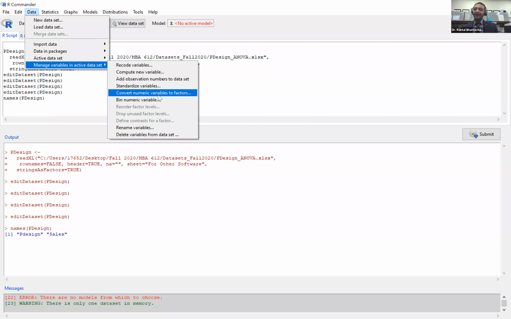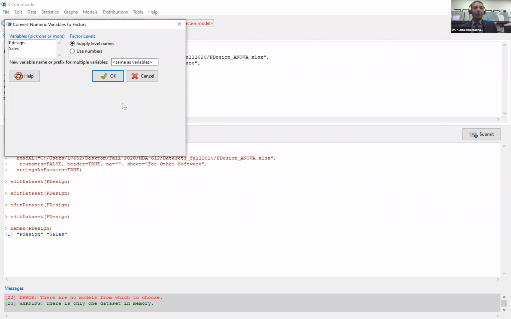The P design variable is 1, 2, 3, 4. And so that's how it is essentially looking at it. And all we want to do is choose that P design variable, and we convert that into factor levels, where we say use those numbers as those factors. Okay, so here those numbers are 1, 2, 3, and 4, whatever those package design numbers are.